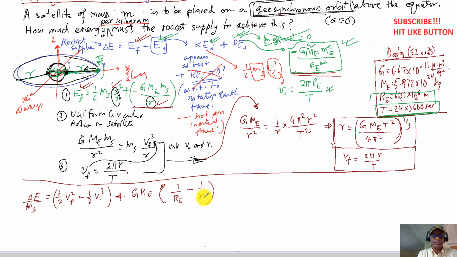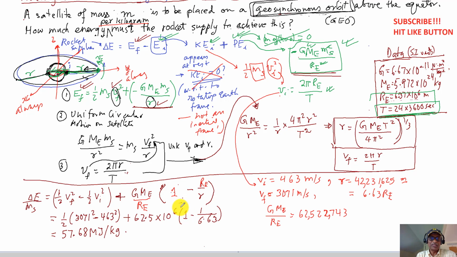Now, having obtained this independently everywhere, we can plug in the numbers and get the answer. Let me work out the numerical value, and I'll be back. To do this calculation, it's a good idea to pull R_E out, so you can get a simple ratio here.